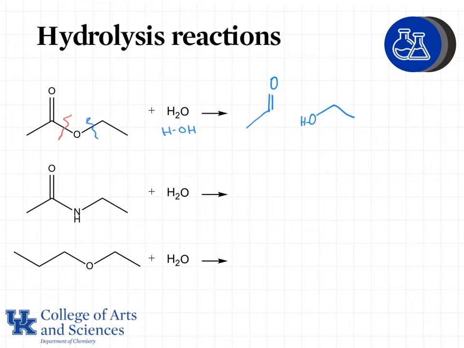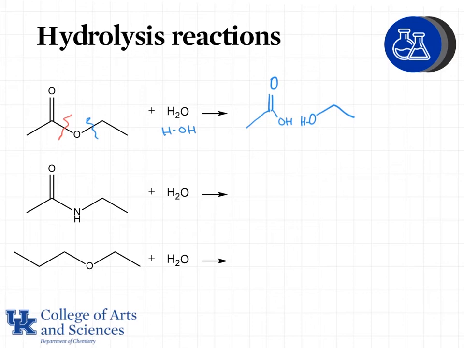So if we added an OH to the fragment on the right, we'd have OOH, which doesn't really exist. So we're not going to do that. We're just going to add the hydrogen, and then we'll put the OH on the other fragment. Now we have our carboxylic acid and an alcohol that have formed from the hydrolysis of our ester.